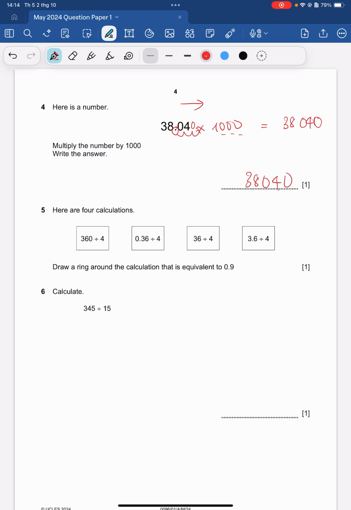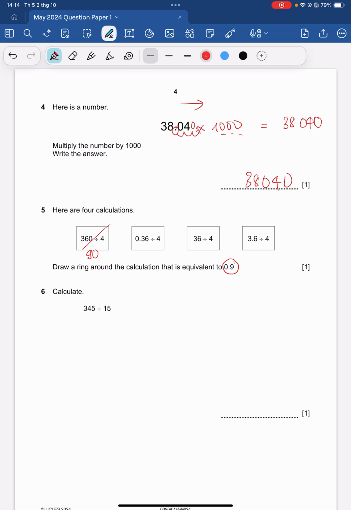Next, number 5. Here are 4 calculations. Draw a ring around the calculation that is equivalent to 0.9. Okay, let's try. The first one is 90, right? No, so it's not. 0.36 divided by 4.